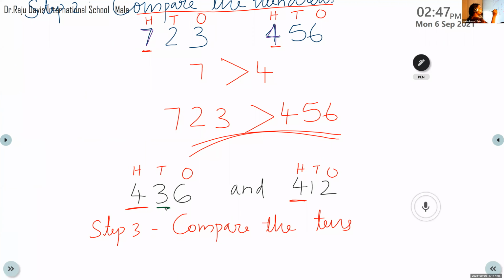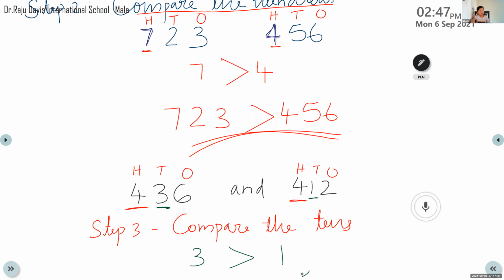In 412, the tens place has the digit 1. How do we compare 3 and 1 with the symbol? 3 is greater than 1.